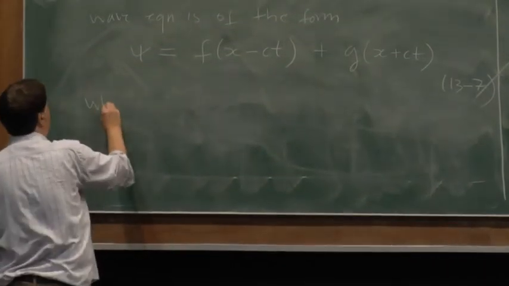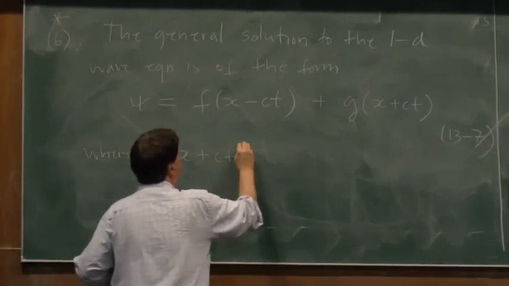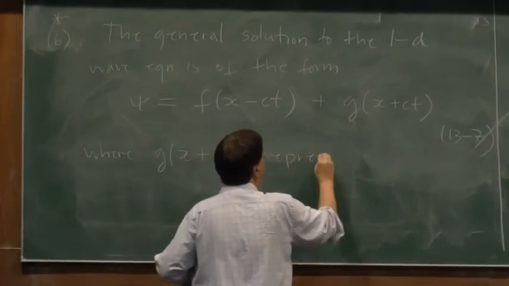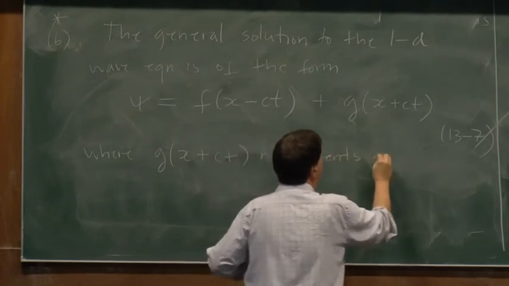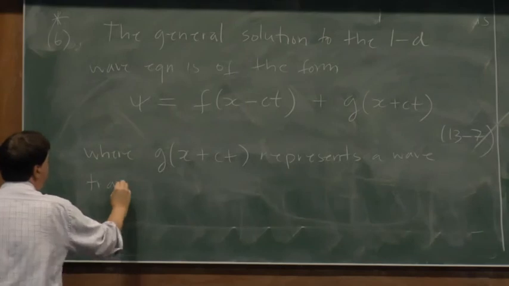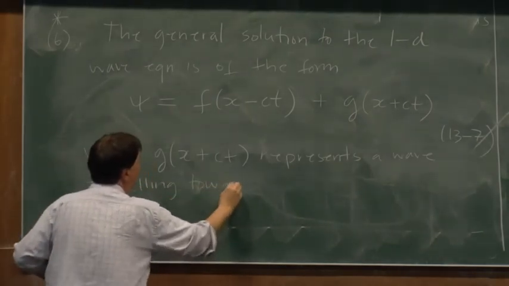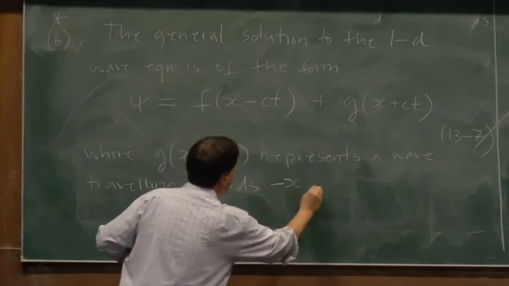Where g of x plus ct represents a wave travelling towards minus x.